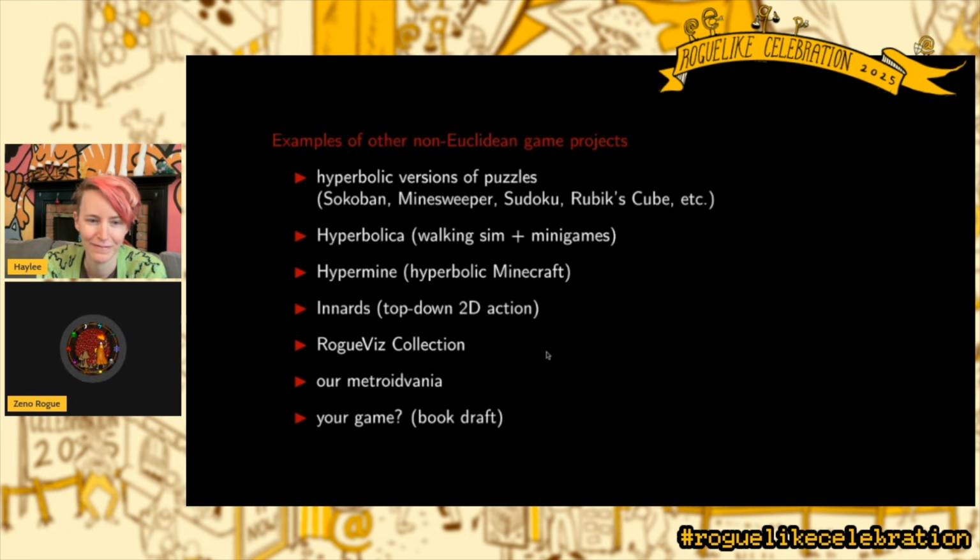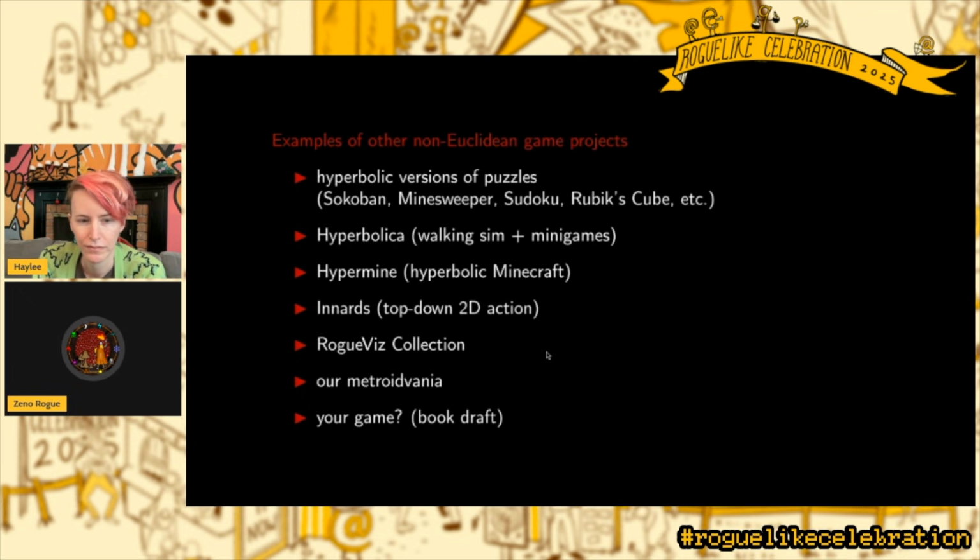There is Rogue's collection, which is a collection of games in various Thurston geometries. So in 3D we have even wilder geometries, which are called Thurston geometries. There is our Metroidvania, which is also non-Euclidean and is in development.